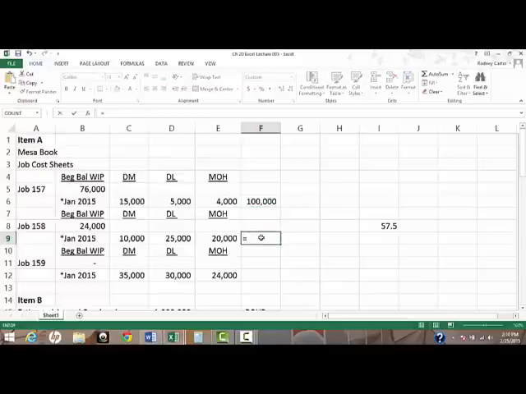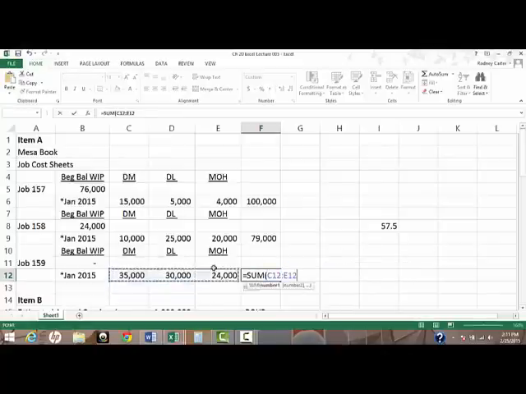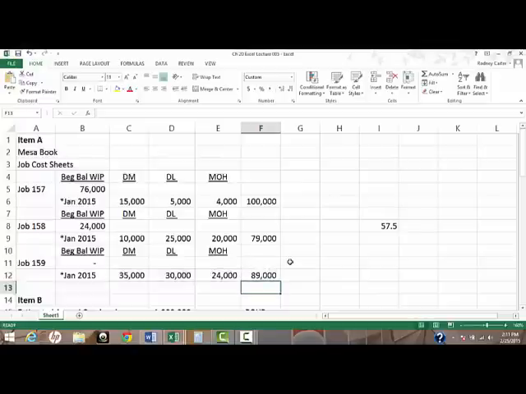We'll do the same thing for these other jobs. And job 159, we have a total. This amount represents the total product cost for each job.